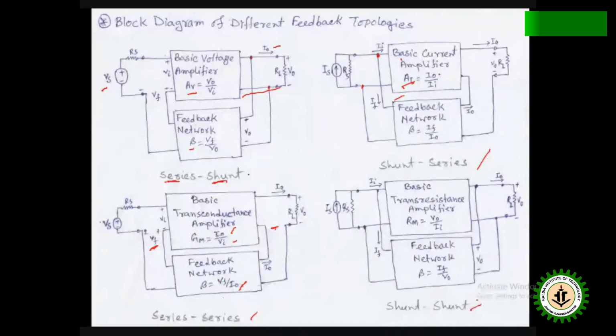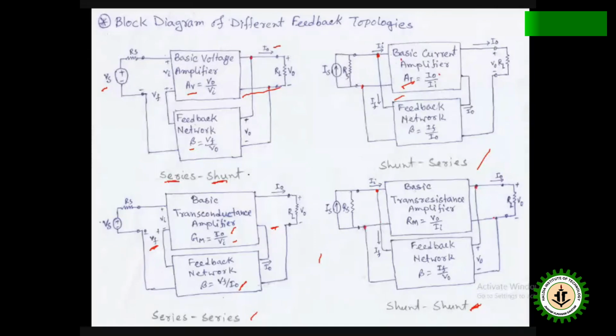Similarly, in case of shunt, that means shunt voltage sampling, shunt mixing. So voltage sampling, shunt mixing, you see both are in parallel. This point is input and this point is input.